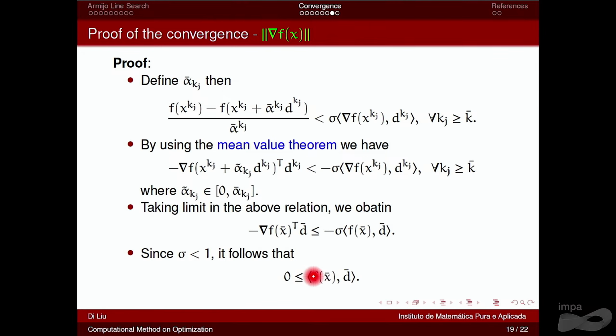The inner product of the gradient of f at x bar times d bar is greater than 0, okay? And here we get the contradiction, which shows that x bar is a stationary point.